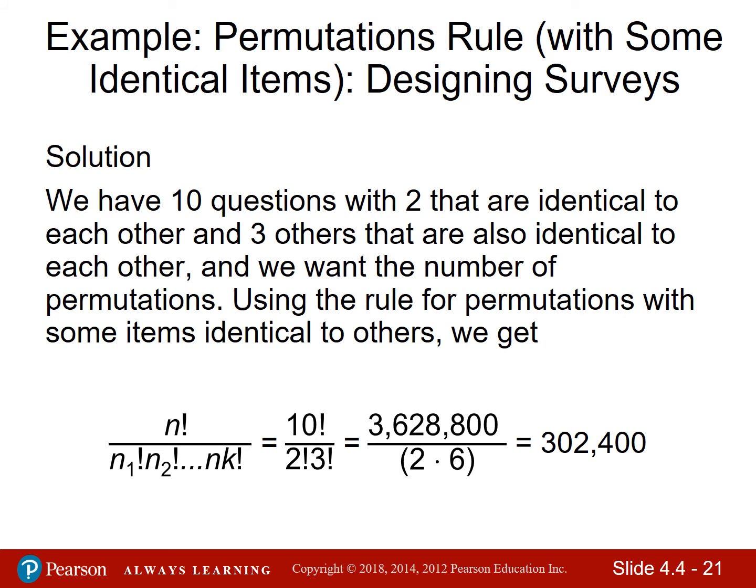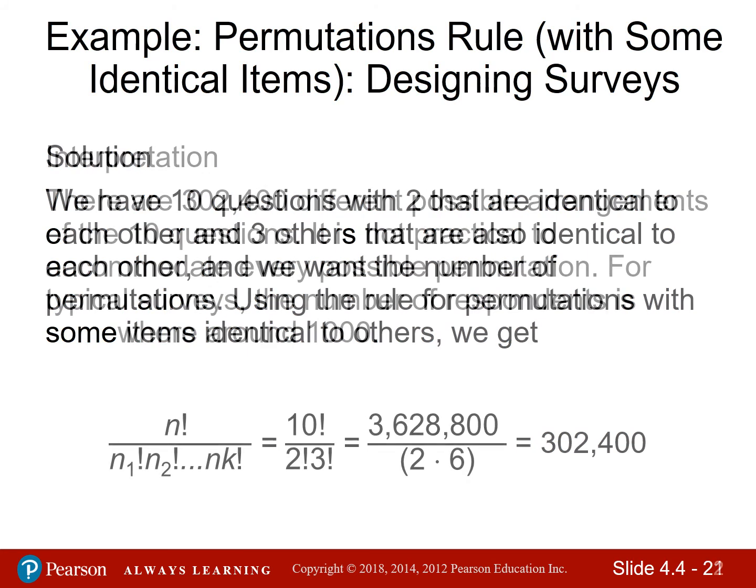You cannot just say the number is 6. Factorial 2 is 2, and factorial 3 is 3 times 2 times 1, which is 6. So 2 times 6 is 12. Factorial 10 is 3,628,800, and you divide by 12. You get 302,400.